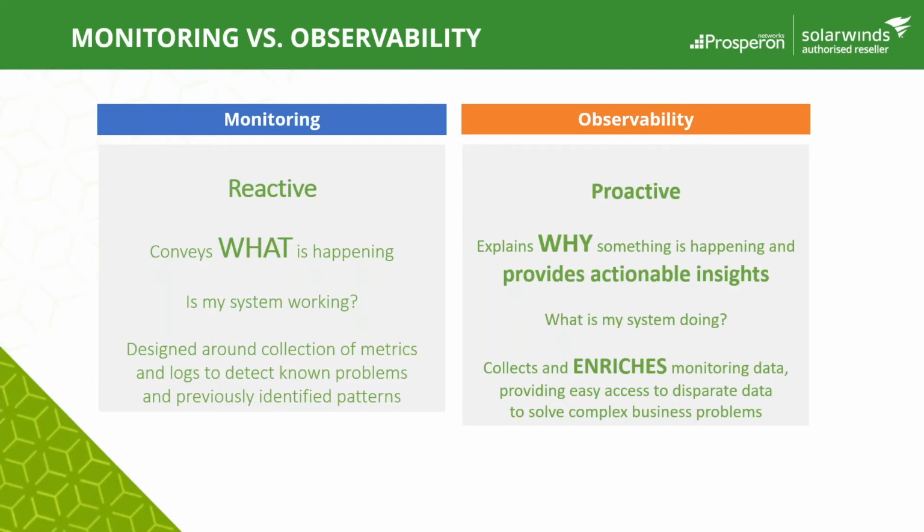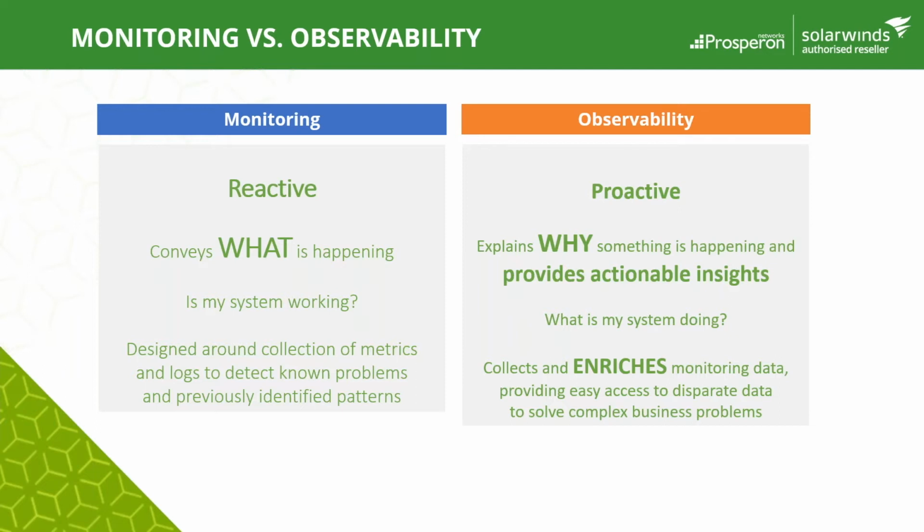There are two elements on this slide. The left portion talks about monitoring, which illustrates a reactive approach, and a lot of our customers could potentially resonate with this side. With monitoring, you can convey what is happening. And with the functionalities available with your existing monitoring tools, you can collect metrics and logs to detect known problems and previously identified patterns.